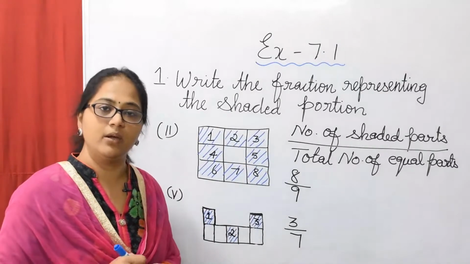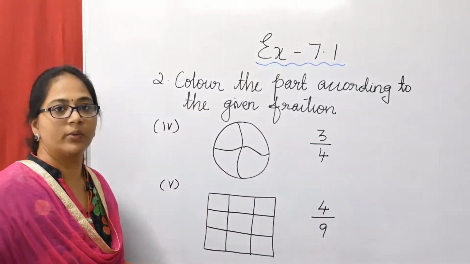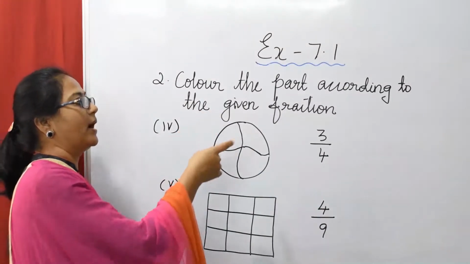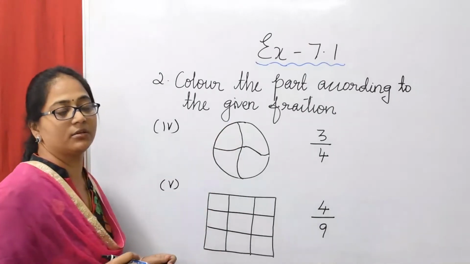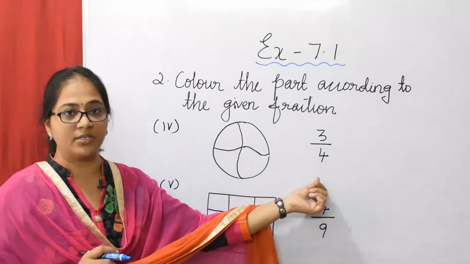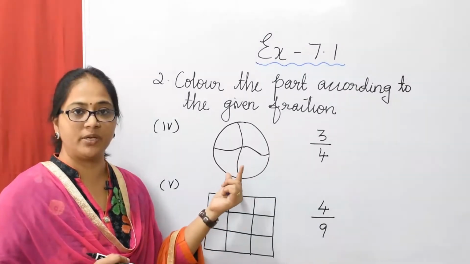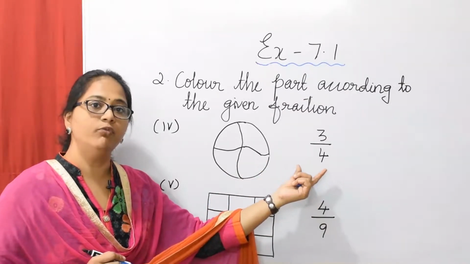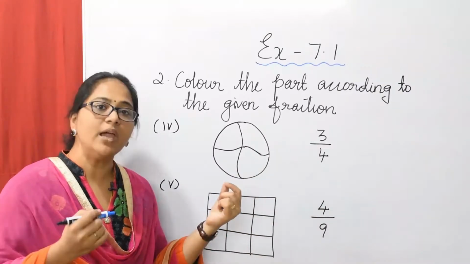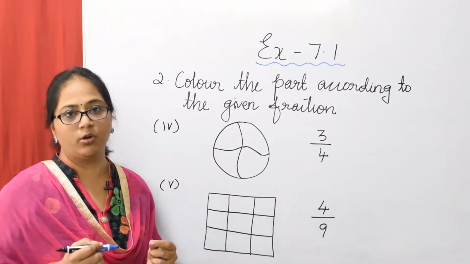Now let us see question number 2: color the part according to the given fraction. They have given a fraction and we are going to shade according to the instruction. This picture has been divided into 4 equal parts and we are going to shade 3 parts out of that.